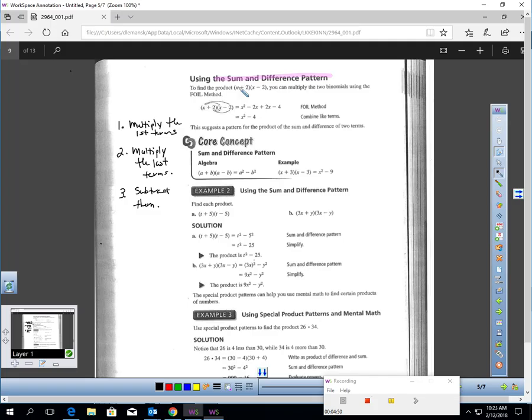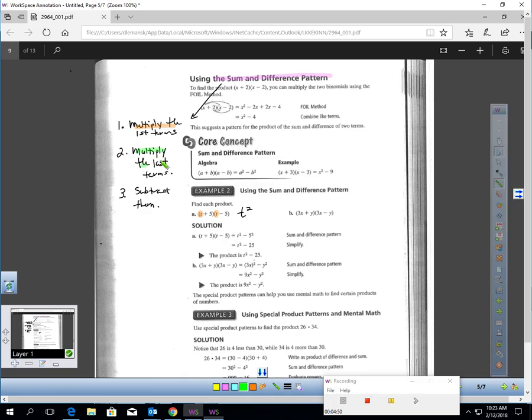Here's the shortcut. You multiply the first terms together, you multiply the last terms together, and you subtract them. So again, you've cut 40% of your work if you remember these 3 steps. So let's try that down here. Multiply the first terms. Well, t times t is t squared. Step 2.